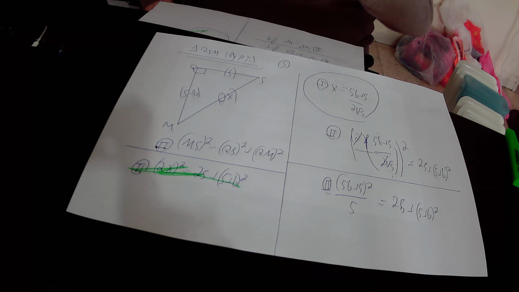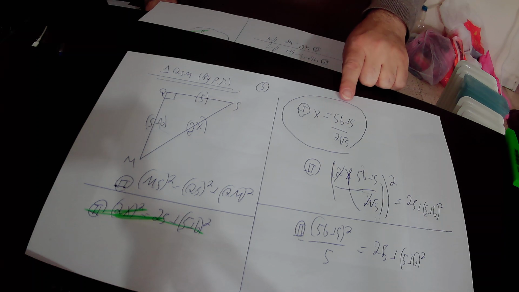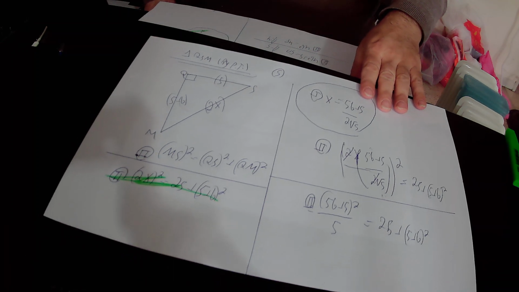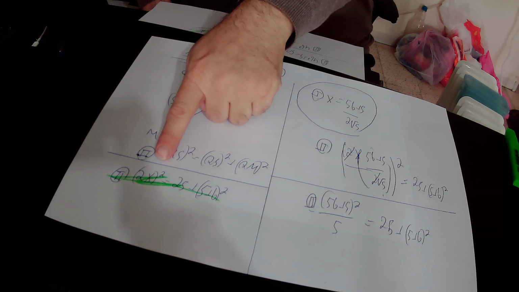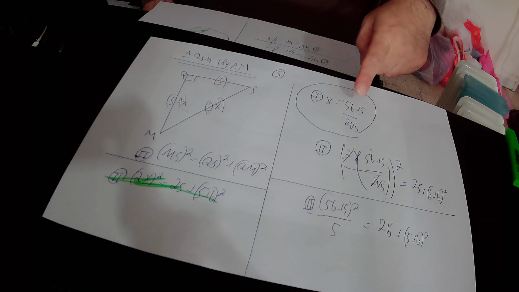This is according to equation number 2, but according to equation number 1, we have already found out that x equals (5b plus 5) over 2 times root of 5. Therefore, we can substitute x in equation number 2 by (5b plus 5) over 2 times root of 5.